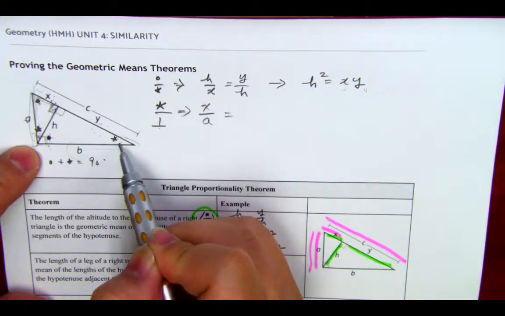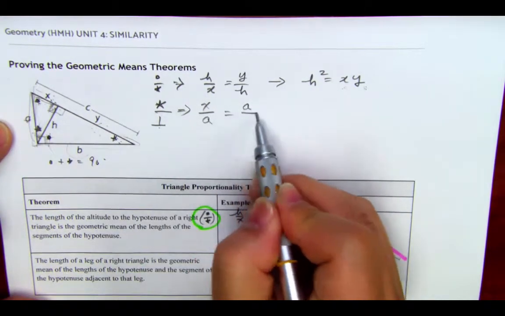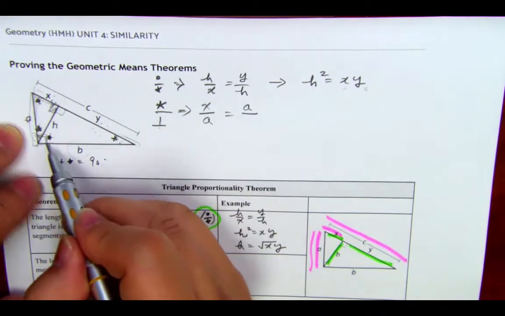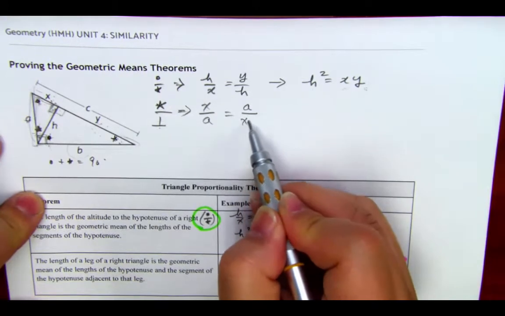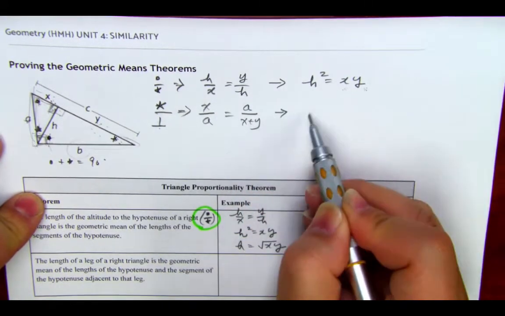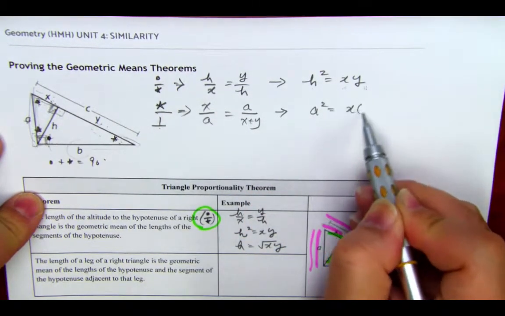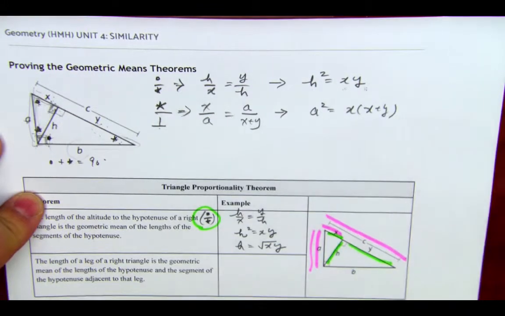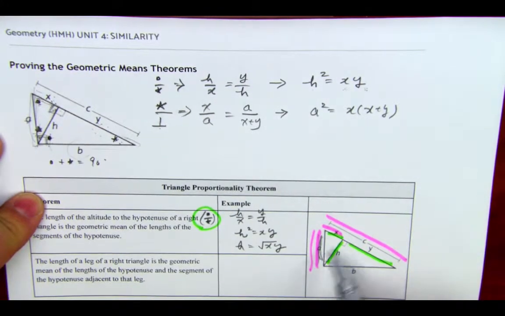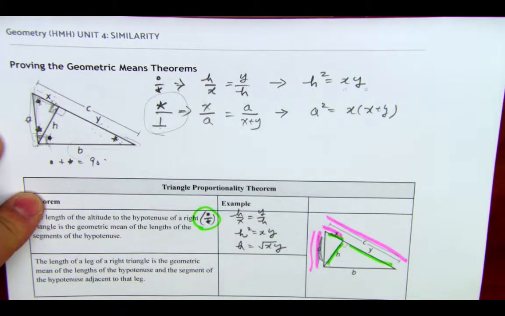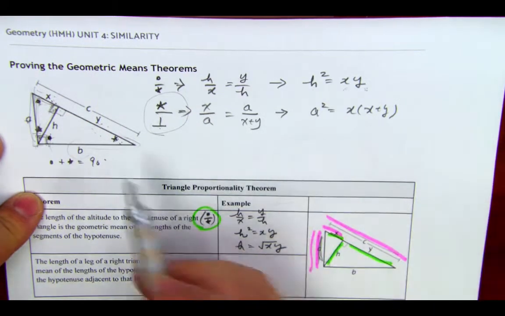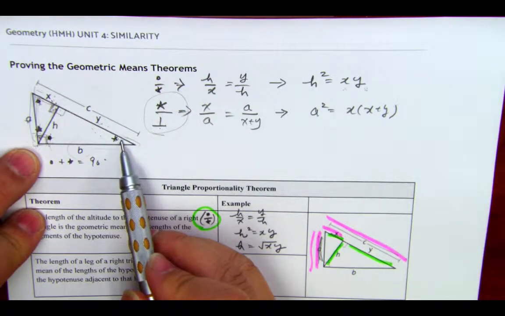The star is, as it turns out, a, and then opposite of the right angle for the big triangle is x plus y. So what we end up with is a squared is x times x plus y, right? So this squared is this times this. What's interesting is that this also works for the other triangle. How about this over here, guys?